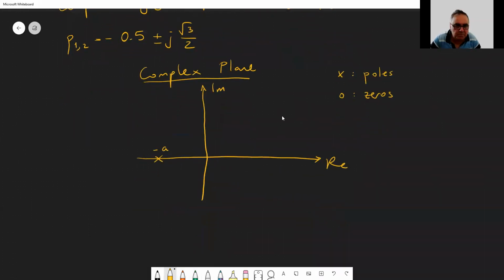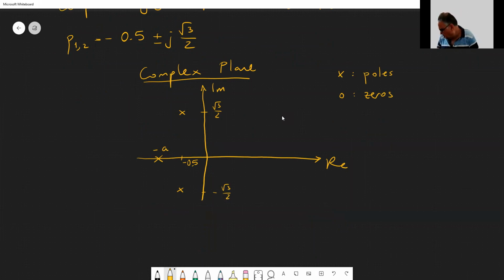You might have complex conjugate poles like this one. As I have said, for example, this might be minus 0.5 here, and this will be 3/2. The other example.